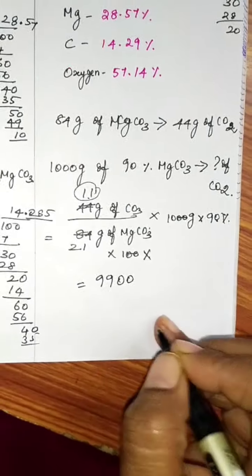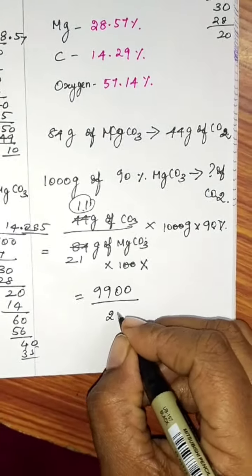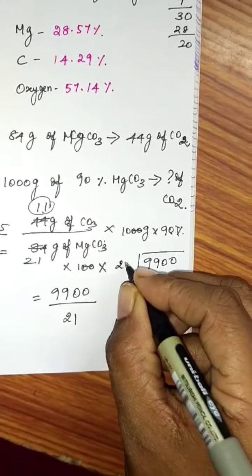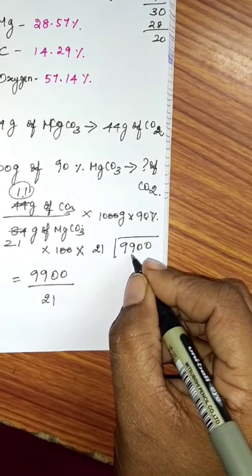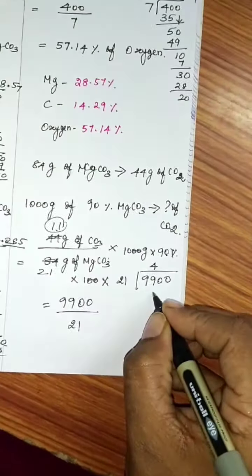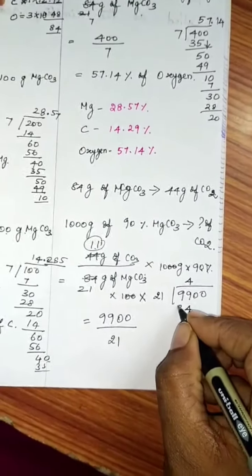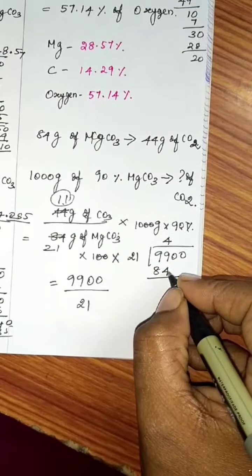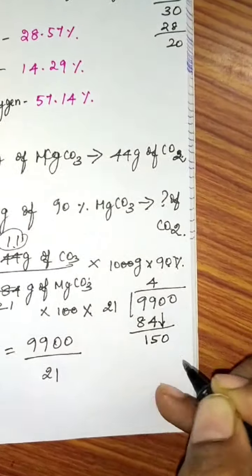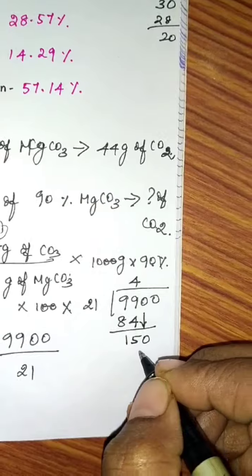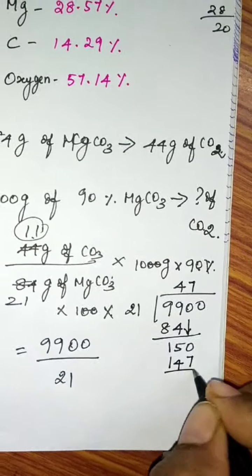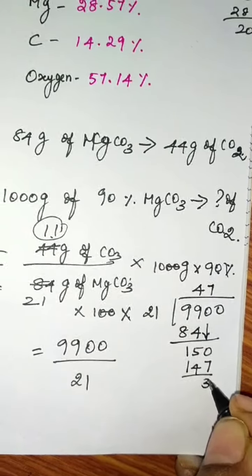Add 2 zeros and divide by 21. 21 times 5 is 105, so I have to take it as 4 times: 4 times 1 is 4, 4 times 2 is 8. Remaining 9 minus 4 is 5, 9 minus 8 is 1. Take a 0, and you get 7 times: 7 times 1 is 7, 7 times 2 is 14. Remaining 10 minus 7 is 3, 4.